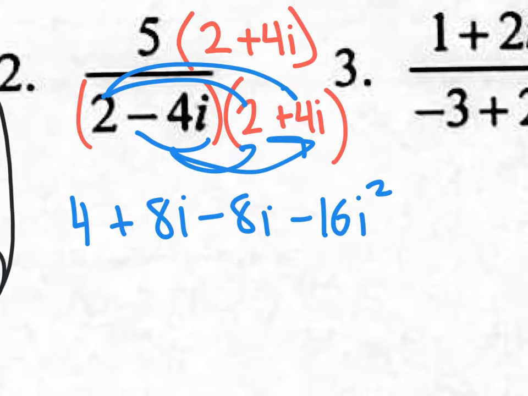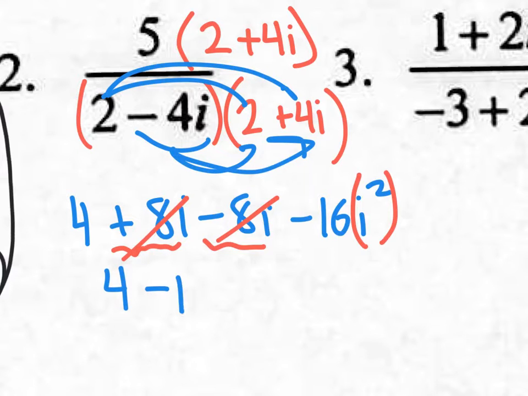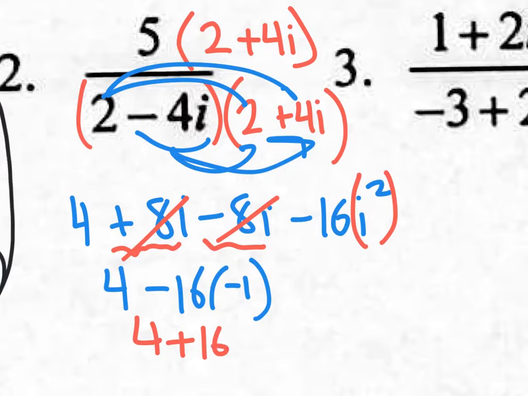And like we said, when you multiply by the conjugate, those i's in the middle, they end up disappearing. And this i squared is always going to be a negative 1. So you really have 4 minus 16 times negative 1. That's really going to be 4 plus 16, which equals 20.